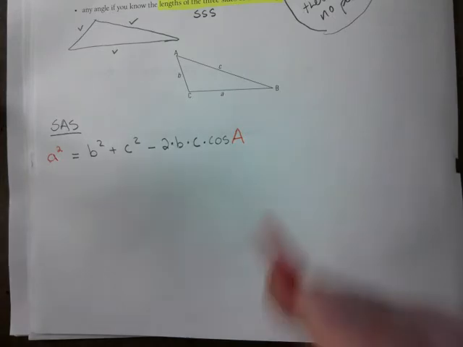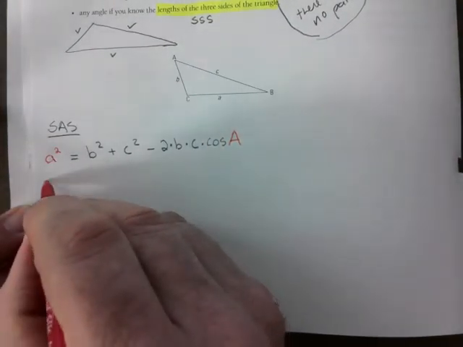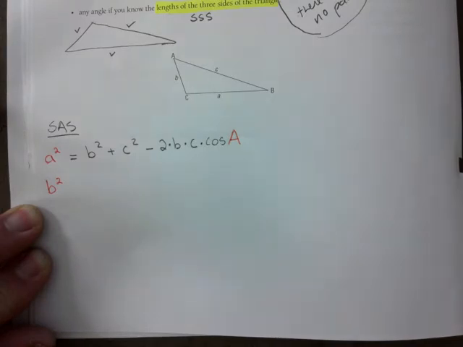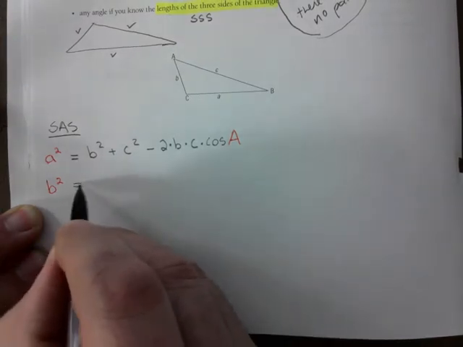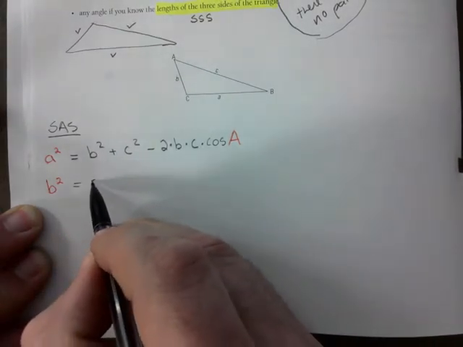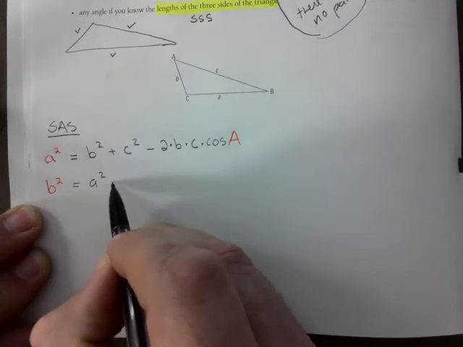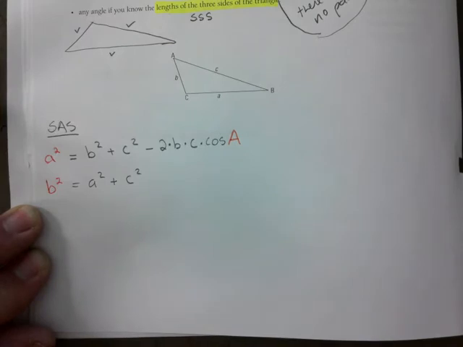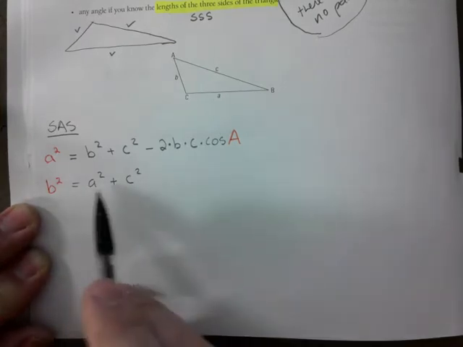Second variation of this. If you're trying to solve for side B, you start with B squared and the other two sides, okay? The other two sides that remain are A squared, A and C, right?